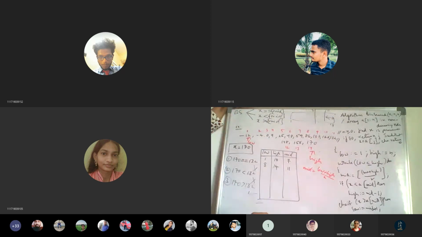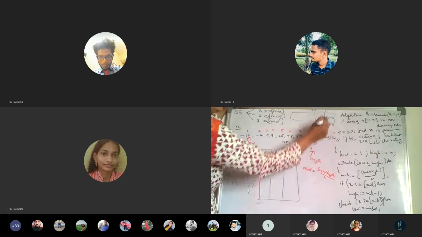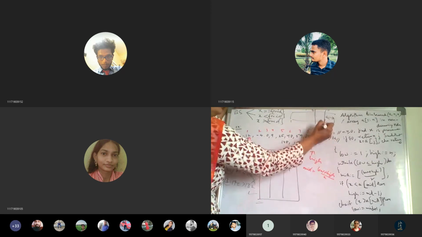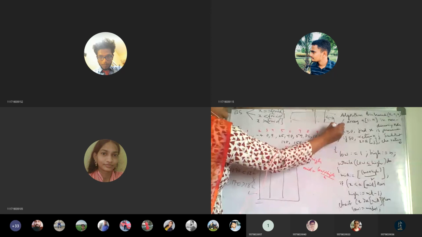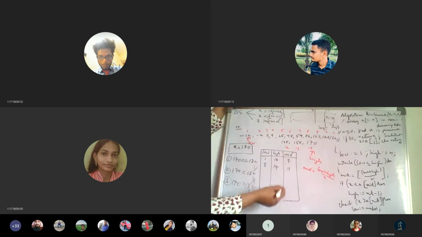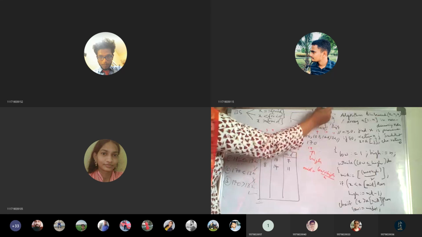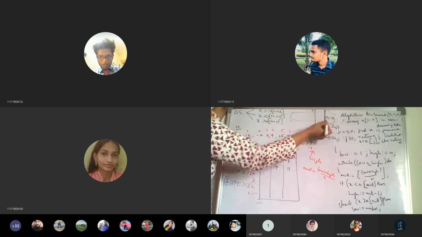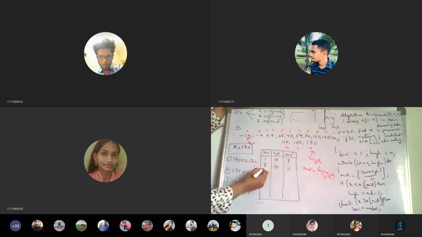Now tell me, when 11 was the mid, what would be the low value here? High is remaining the same, low only keeps changing. Low is always mid plus 1, because from the next element I want to search. So mid plus 1 means it will be 12 and your high will be 14 only.